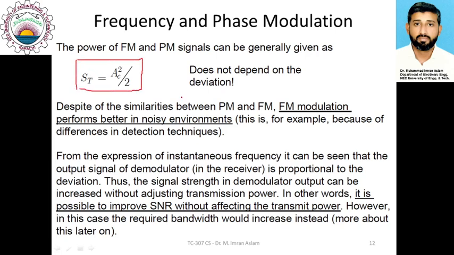That means the power in both cases is dependent on the amplitude only. So the power does not depend on the deviation. If we increase the frequency deviation or the phase deviation, we should notice that there will be no increase in the power.